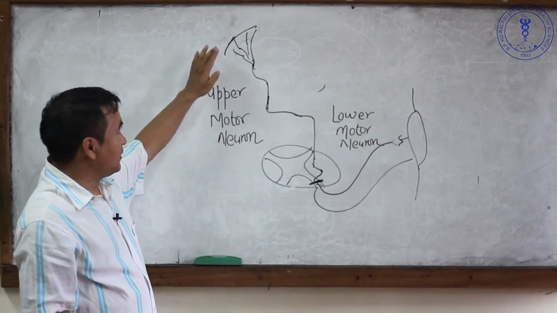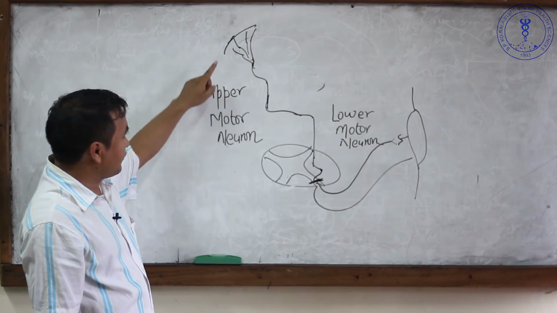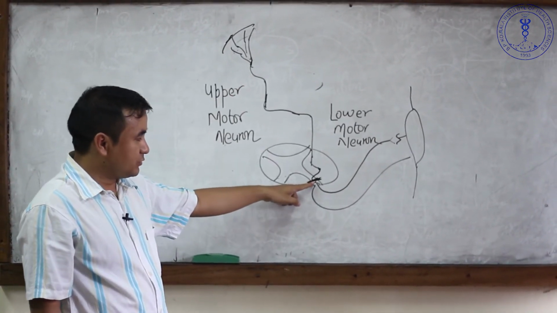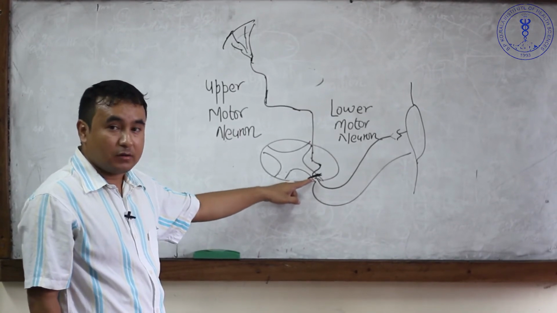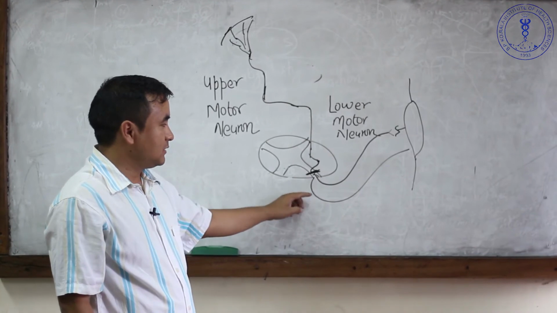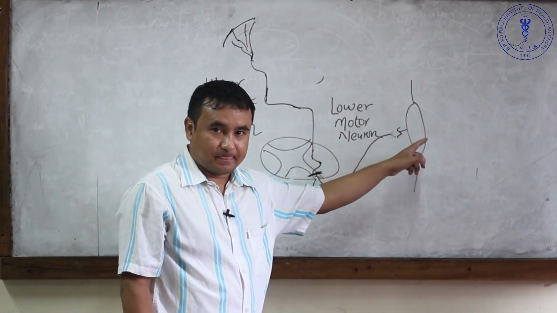So the upper motor neuron starts from the cortex and terminates at the anterior horn cell of the spinal cord, and the lower motor neuron starts from the anterior horn cells to the muscle.